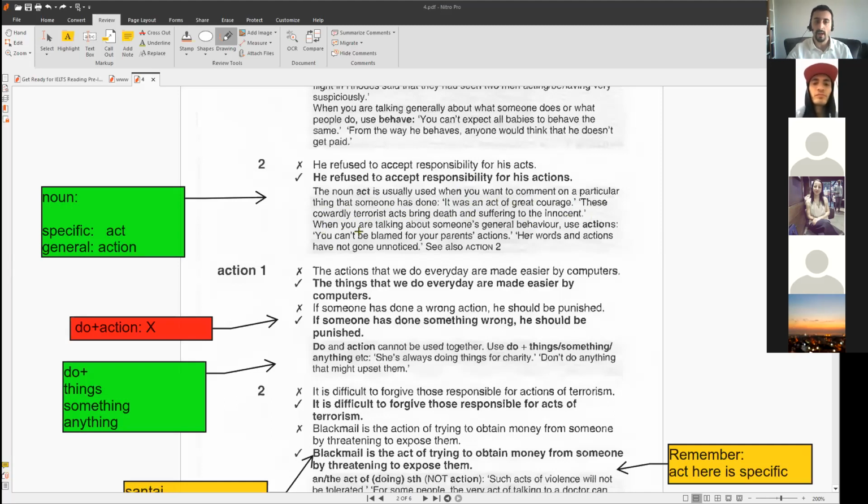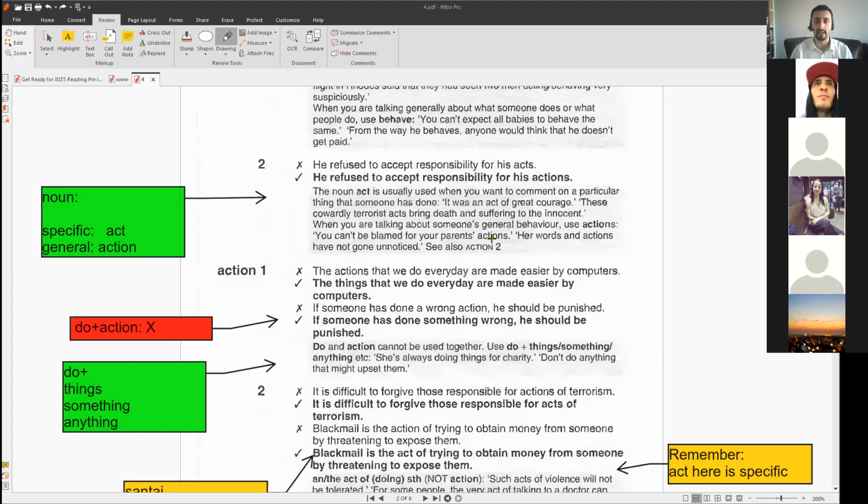Another one, when you are talking about someone's general behavior, again, general, use actions. So what is the difference between the use of act and action? Action is general, act specific, particular. Like this, you can't be blamed for your parents' actions. Parents' actions, not specific act.